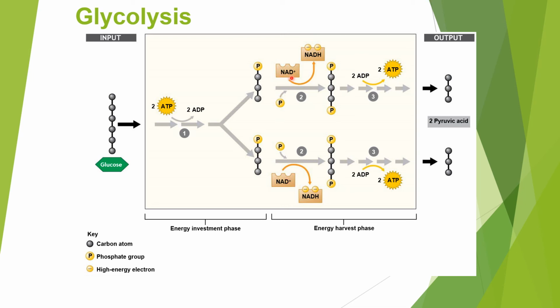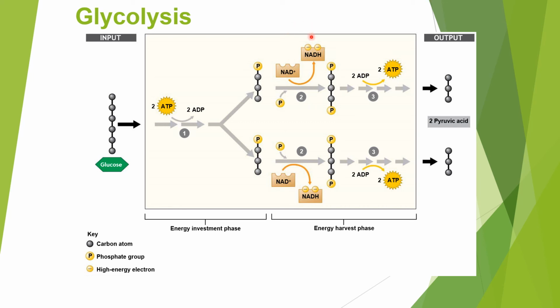And they're depicted by these shapes with empty spots to tell you that those empty spots right here are going to accept those lost electrons. So right here, those negative circles are basically representing the electrons. So NAD positive, as you can see right here, is going to accept those electrons that are lost.